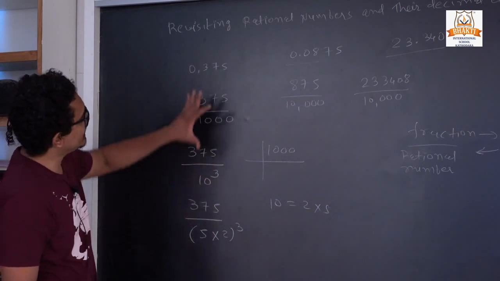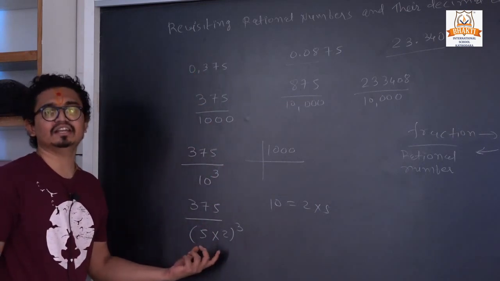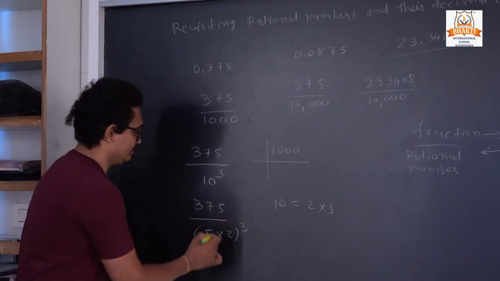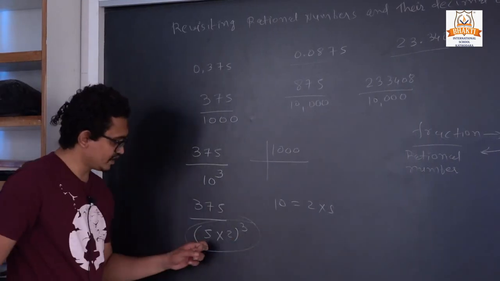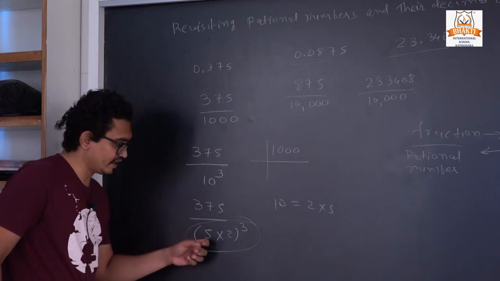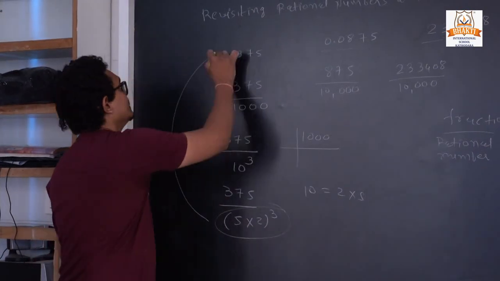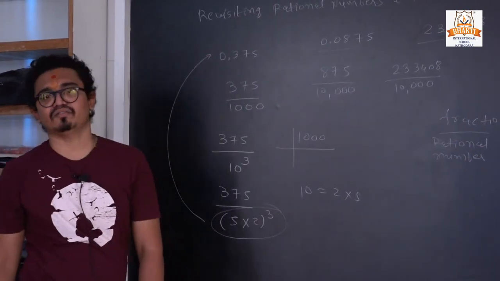So from that we can conclude that if the denominator has the factors 2 and 5, we can convert that number into decimal form.